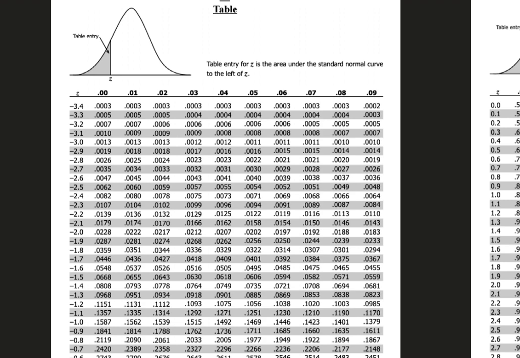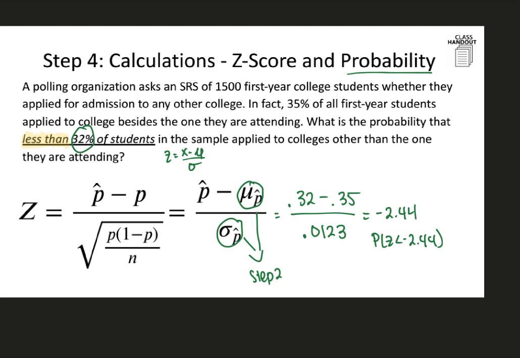All right, so here's my z-score table. I have negative 2.4. I'm going to go over to 4. So that's going to be 0.0073. So this is the probability that we're going to use. So 2 answers in this step, my z and my probability.